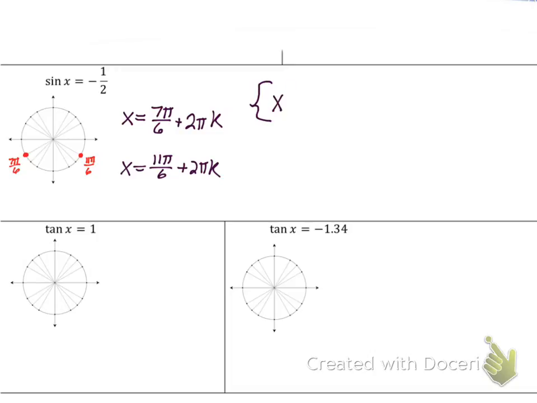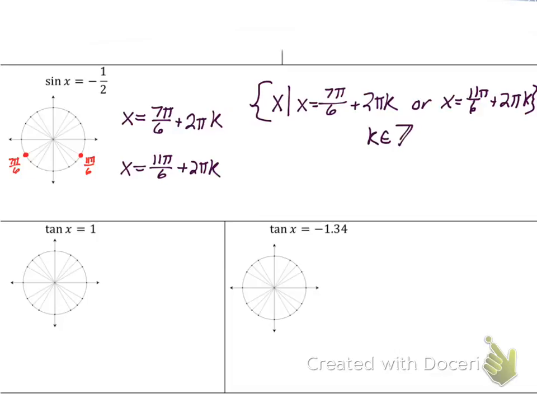How we're going to write it is: x such that x equals 7 pi over 6 plus 2 pi k, or x equals 11 pi over 6 plus 2 pi k, such that k is an element of the integers.